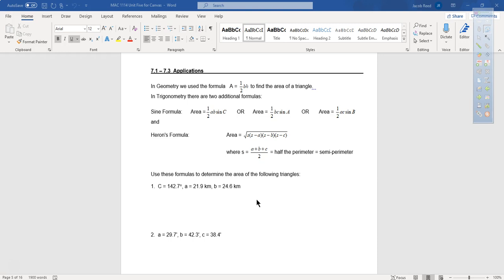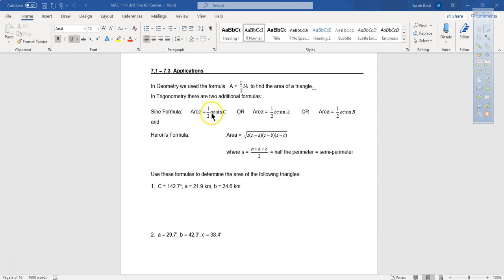All right, a couple application problems here. We've got area of triangles. So we've got a few ways you can find the area of a triangle. You have sine formulas, which is 1/2, 2 sides, sine of the angle that is not across from the sides.